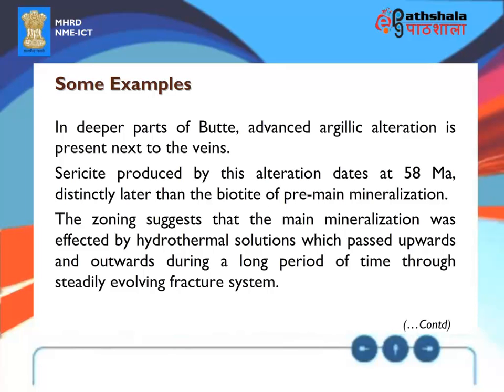Sericite produced by this alteration dates at 58 million years, distinctly later than the biotite of pre-main mineralization. The zoning suggests that the main mineralization was affected by hydrothermal solutions which passed upwards and outwards during a long period of time through a steadily evolving fracture system.